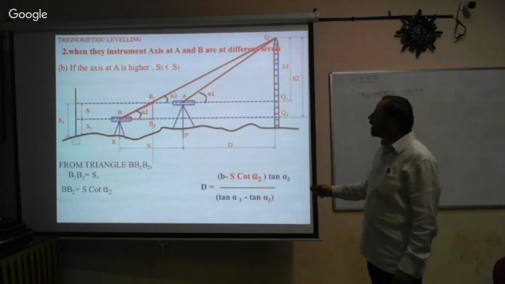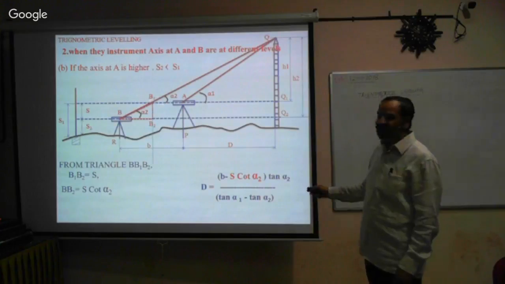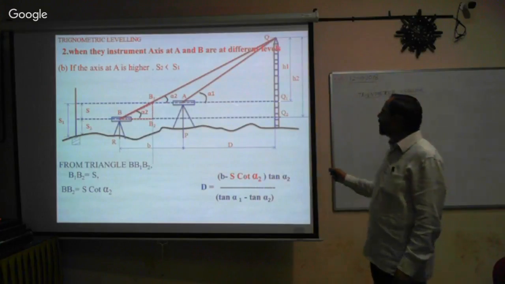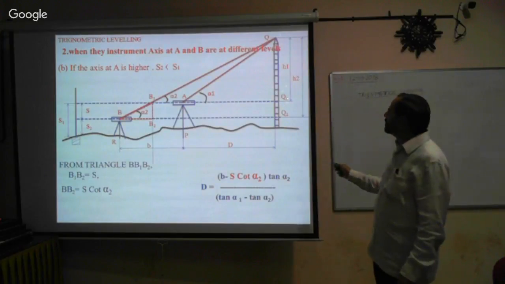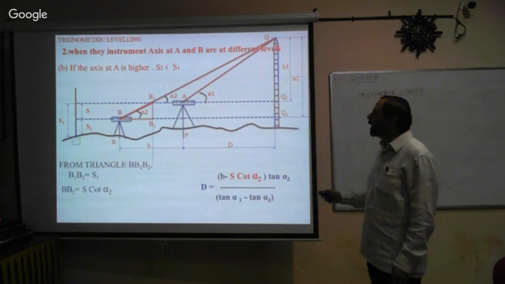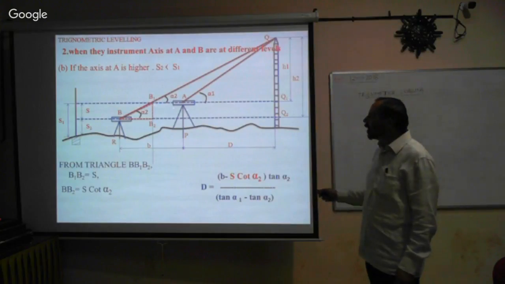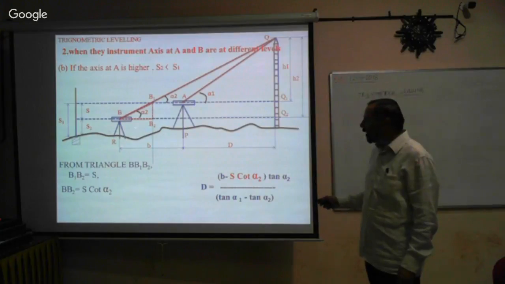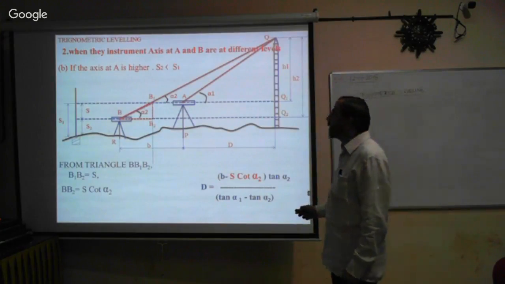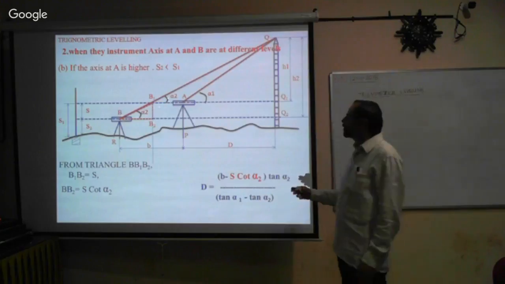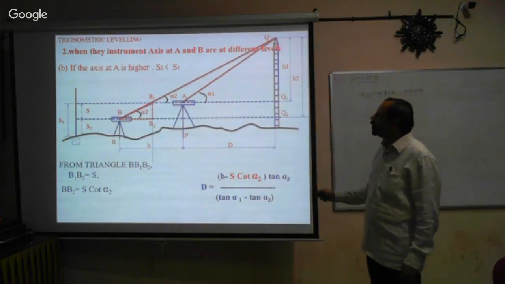Considering the modified second triangle QB1Q1, what is the distance from here to here? It is B minus S cot alpha 2. Now therefore, B plus B minus S cot alpha 2.